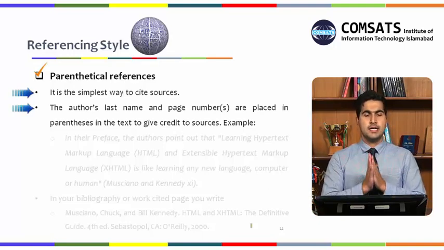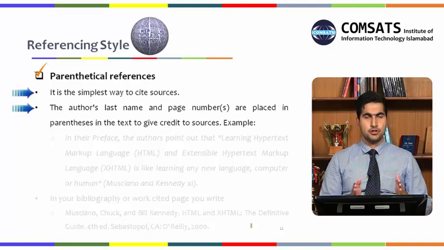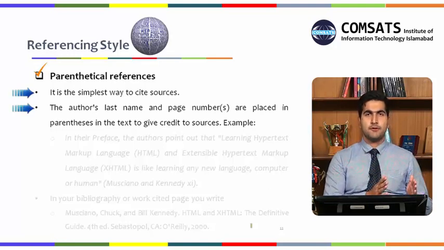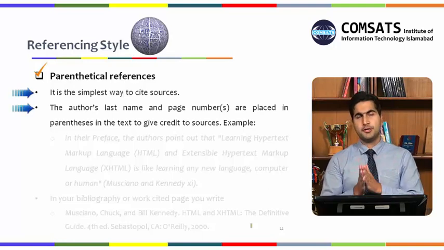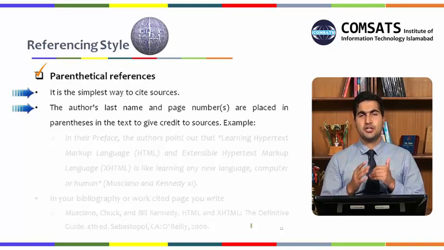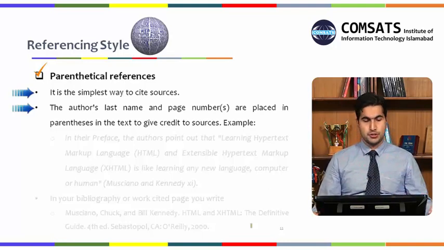The basic thing regarding this parenthetical citation is that you have to provide reference to the original source by mentioning their last name and then referring to the exact page from where the quotation is being taken, otherwise the exact year in which the work was published.